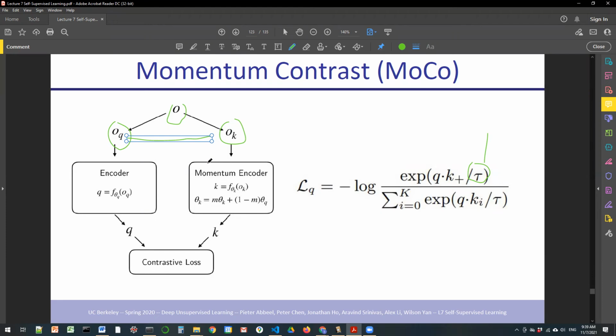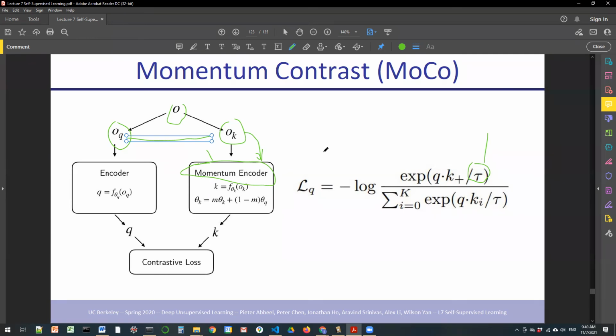Then the question becomes, what is this thing called the momentum encoder? And why this momentum? The point is that when the encoder encodes the queries, the keys, in the case of the momentum encoder, become a historically averaged value of the same query, right? And there seem to be a lot of benefits to using the historically averaged encoder.